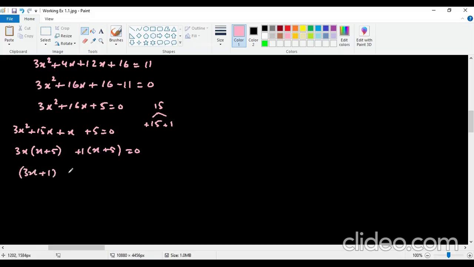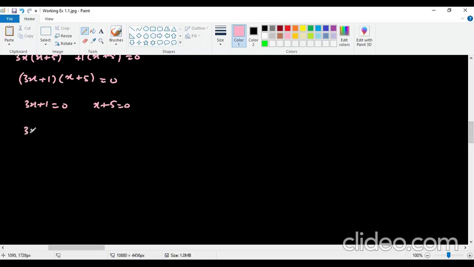So 3x plus 1 in one bracket, and x plus 5 in another bracket equals 0. Now logically 3x plus 1 equals 0, and x plus 5 also equals 0. So 3x equals minus 1, so x equals minus 1 over 3, and x equals negative 5, which is logically wrong, but mathematically it is the value of x.